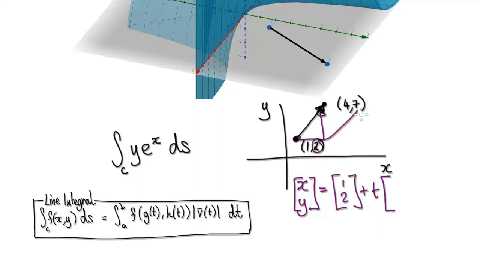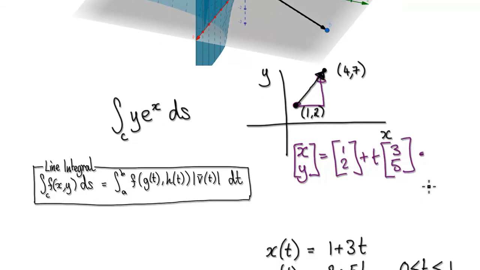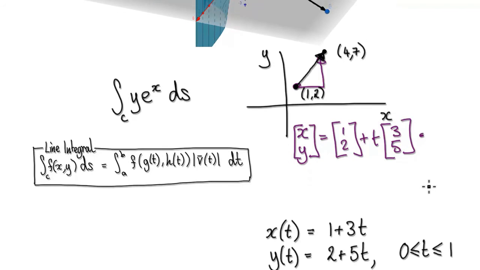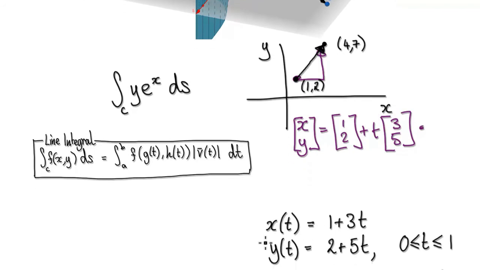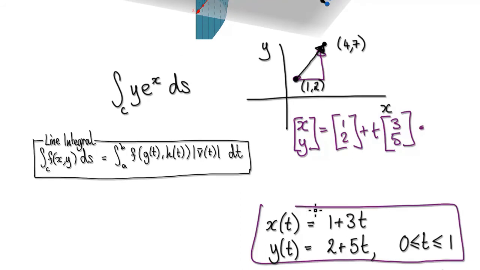From here, that will allow you to come up with your parametric equations, and T ranges from 0 to 1, because we set it up in such a way that in 1 second you would have moved 3 across, 5 up.